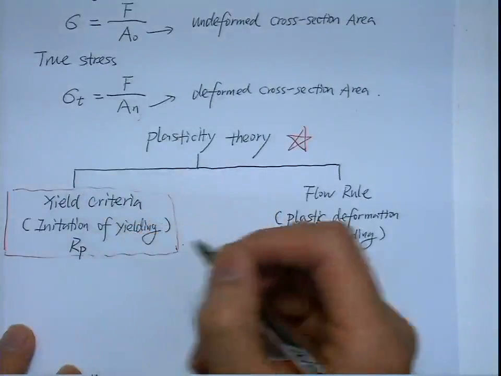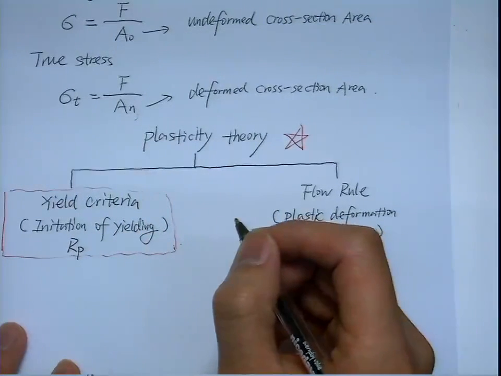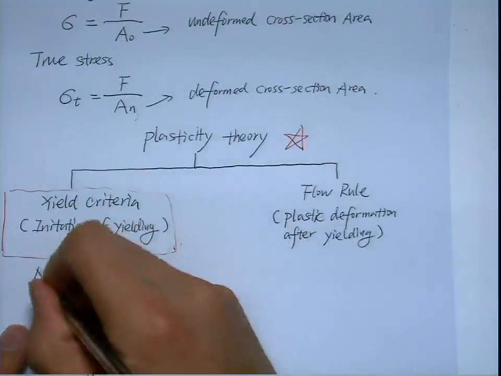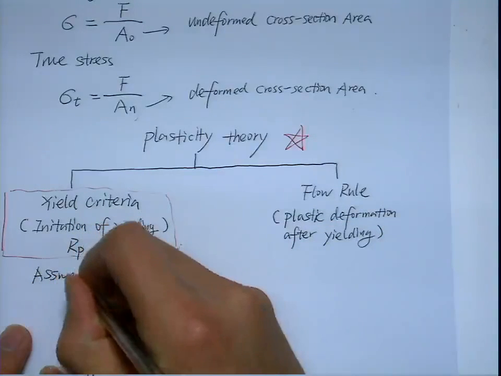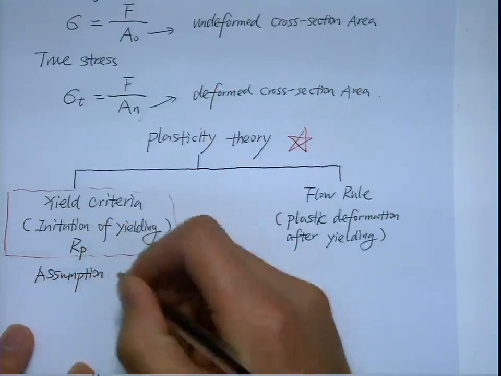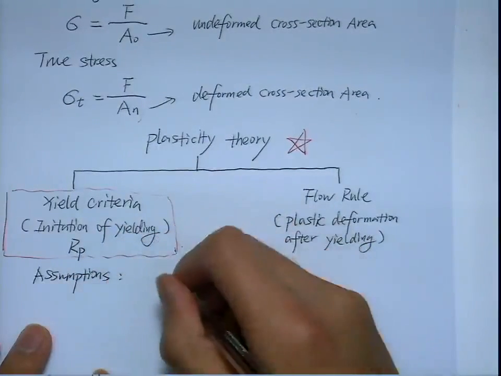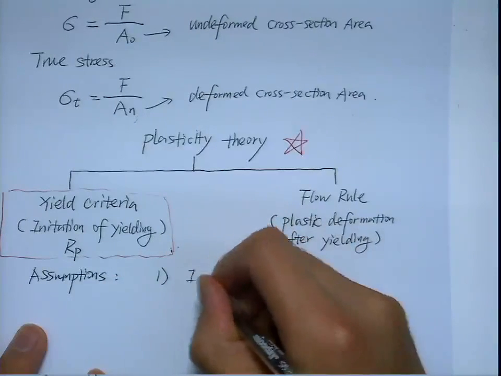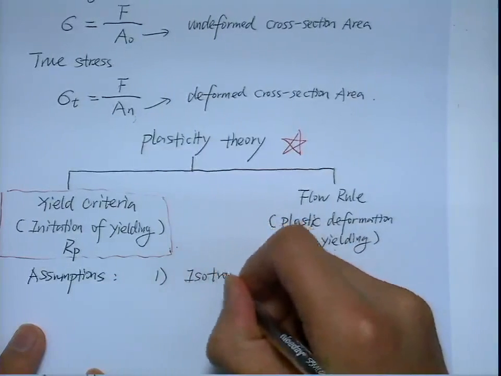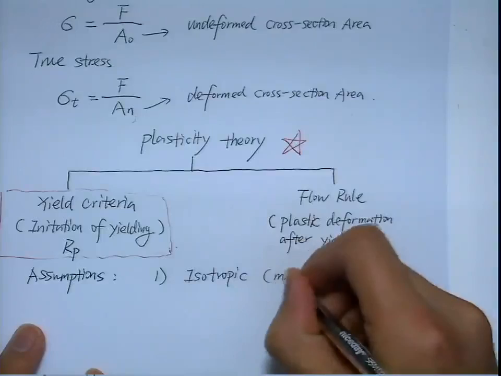Before we really define any yielding criteria, we make our assumptions here, just to make our life easier. Assumptions. First of all, the material is isotropic, such as metal.